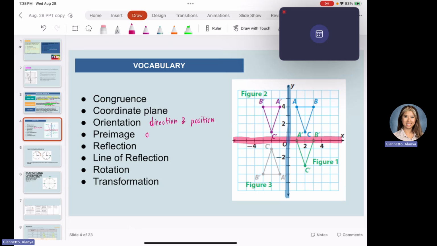Pre-image is the old or the original, as seen in the prefix pre. Reflection is one of our transformations we're working on today. Line of reflection, we have two. We have it highlighted in red, which is the x-axis, and highlighted in blue, which is the y-axis. And of course, rotation is our second transformation that we're learning about today.